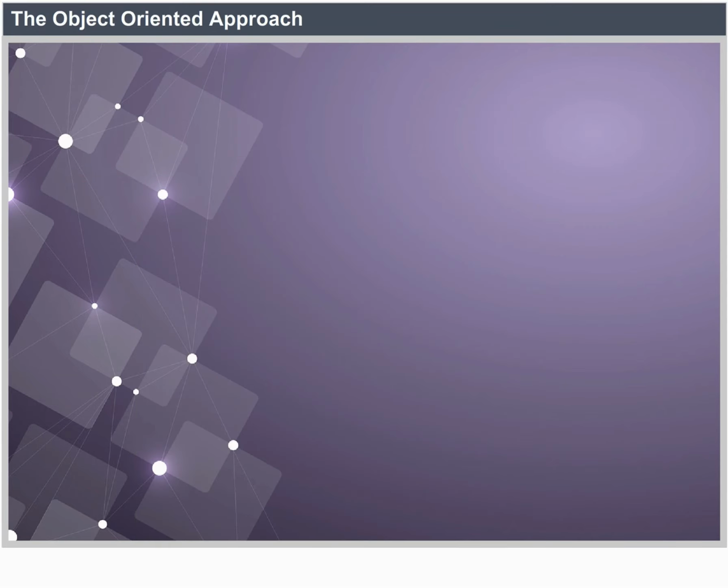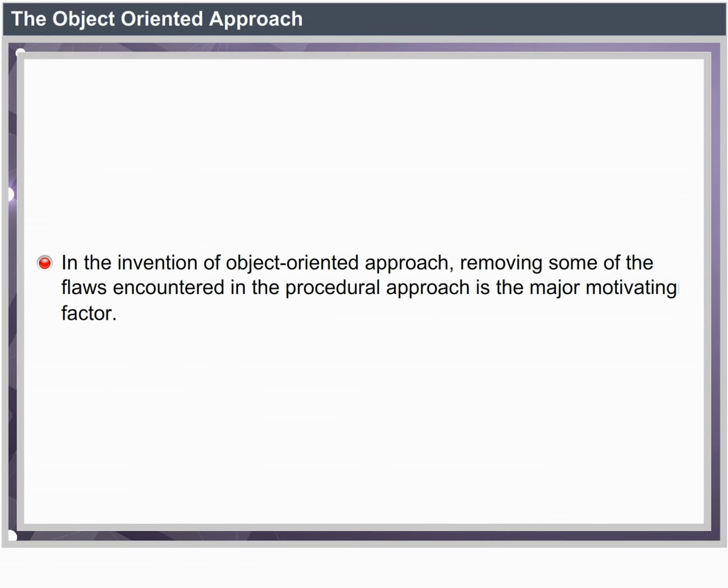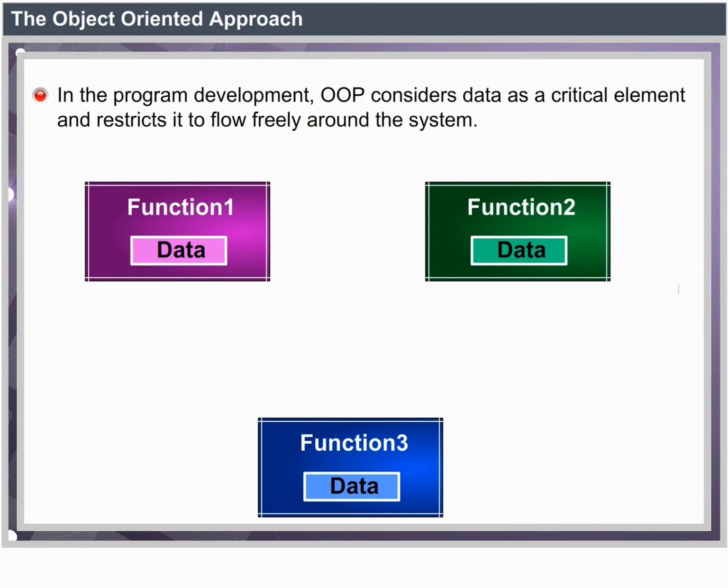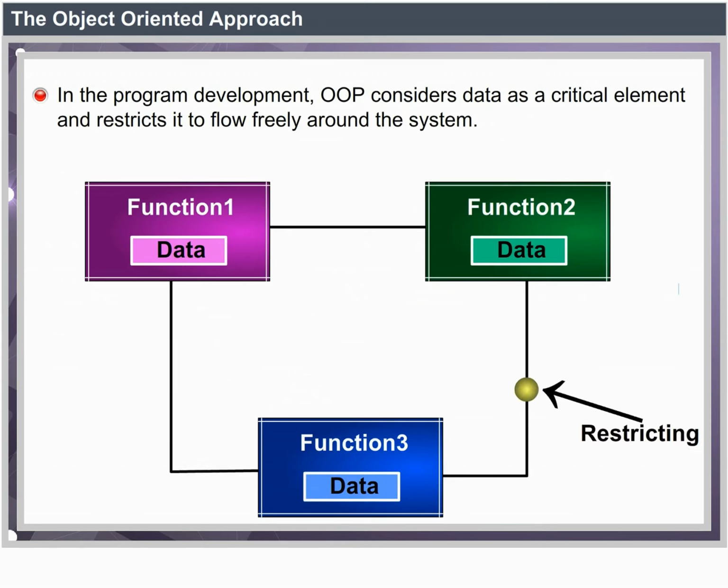The object-oriented approach. The major motivating factor in the invention of the object-oriented approach is to remove some of the flaws encountered in the procedural approach. OOP treats data as a critical element in the program development and does not allow it to flow freely around the system.